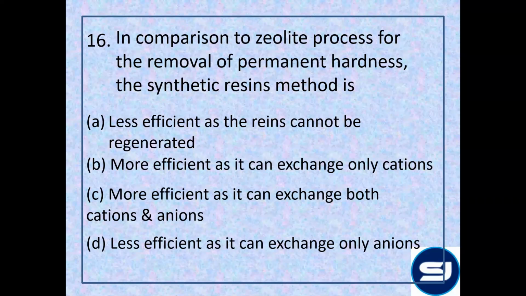But in the synthetic resins method, the cations and anions both are exchanged through the cationic resin and the anionic resin. At the end, pure distilled water is formed through the combination of H plus and OH minus ions. This is the difference in the synthetic resins method. It is more efficient because it can exchange both cations and anions through the anionic and the cationic resin.